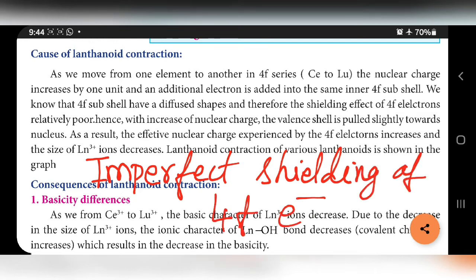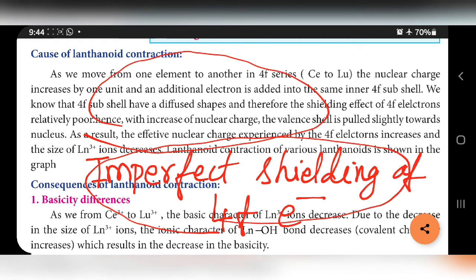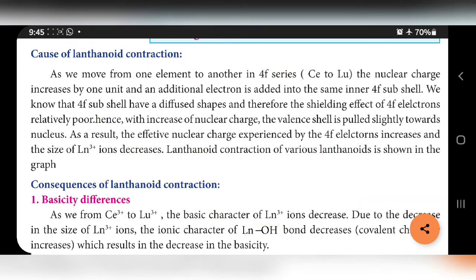That is the reason. This whole paragraph can be explained by using this term, imperfect shielding of the 4f electron.